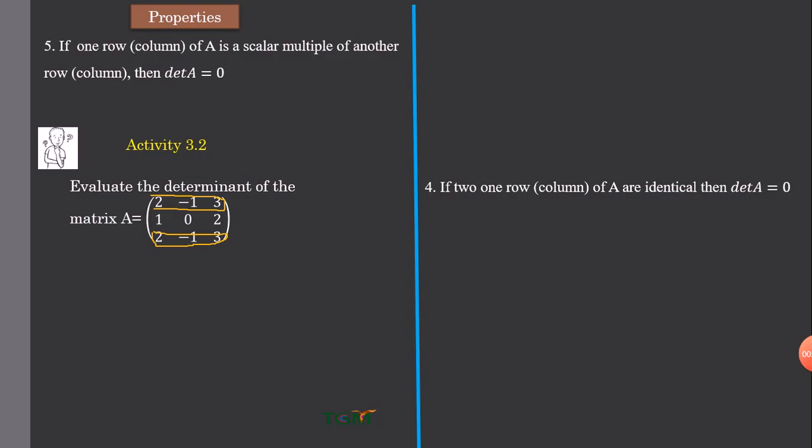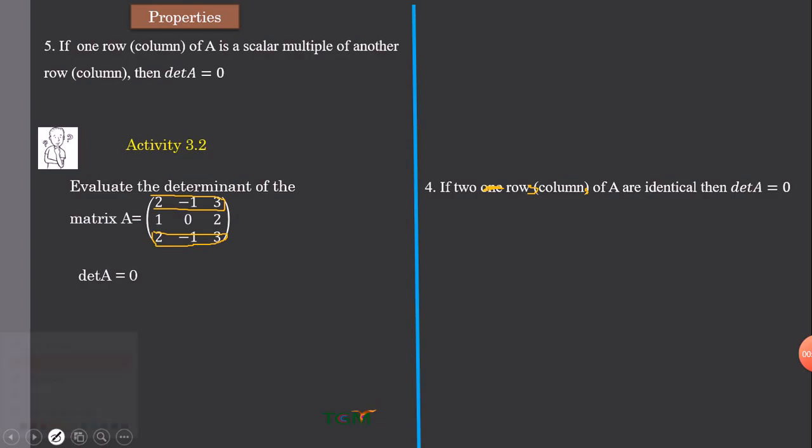They are one and the same. So using the 4th property, which is if two rows or columns of A are identical, then the determinant of A is equal to 0. So without even wasting much time on finding the determinant of this matrix, we know that the determinant of this matrix is equal to 0.